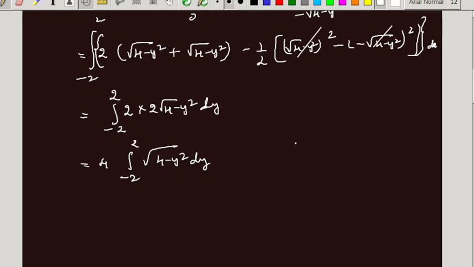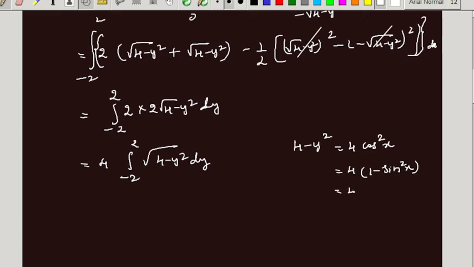Here 4 minus y square, we must write it as 4 times cos square x or 4 times sin square x. So if you want to write it in this form, we must modify this one: 4 into 1 minus sin square x.